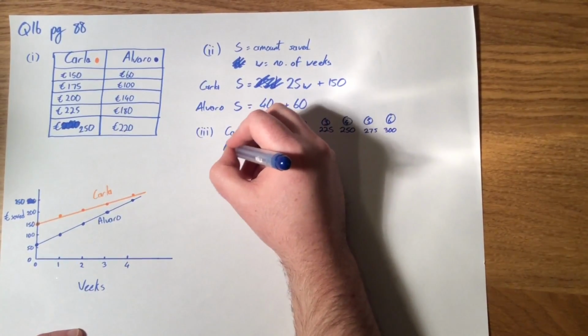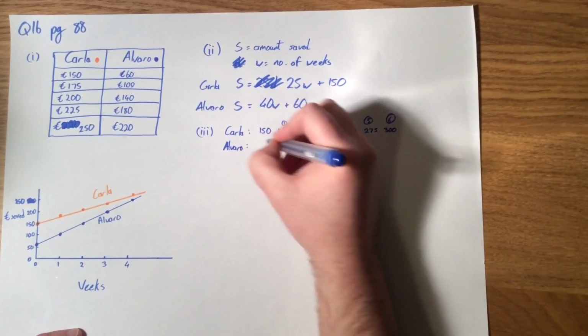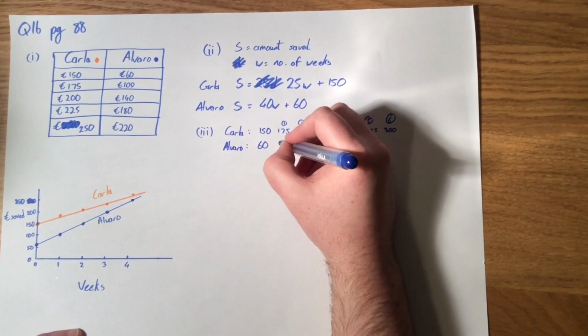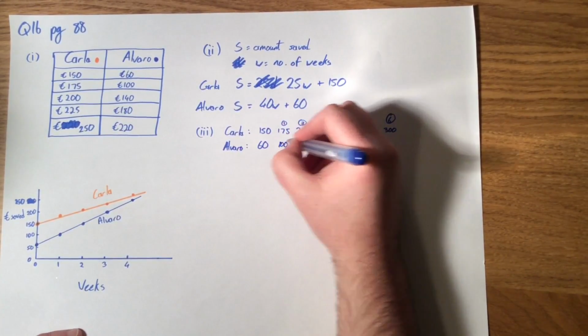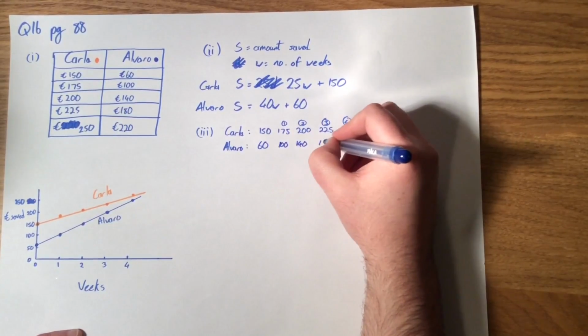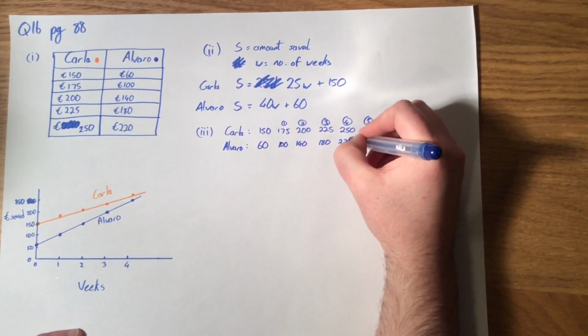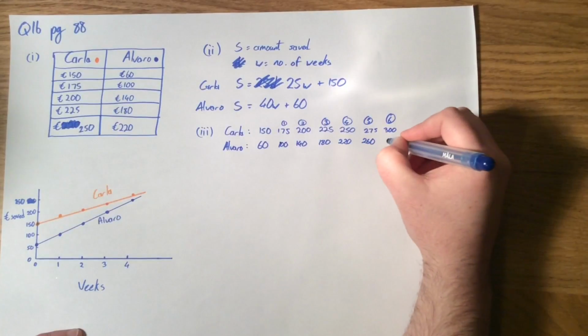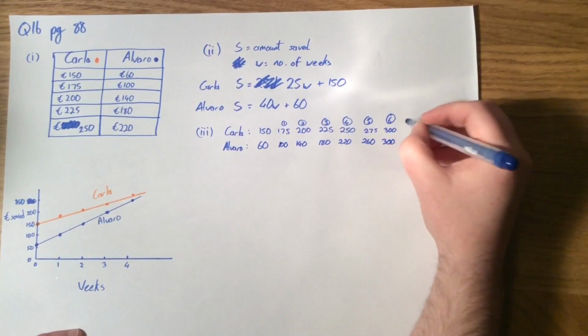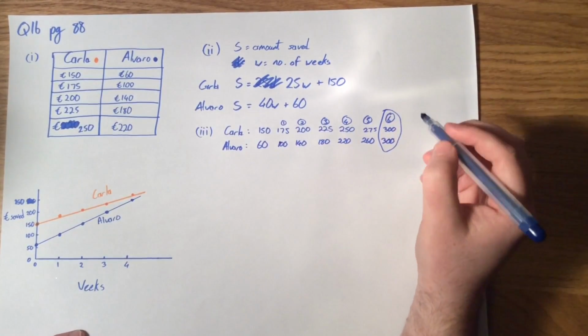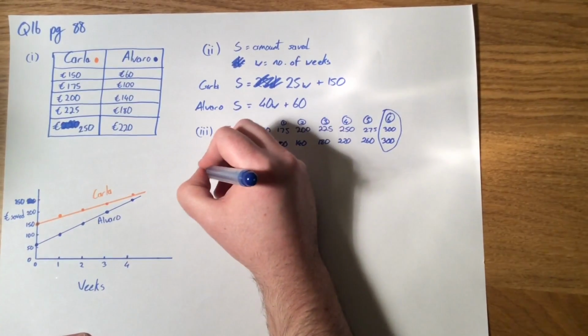Let's see what happens for Alvaro. So he starts with 60. After week 1 he has 100, then he has 140, then 180, 220, 260, and then 300. So week 6 is when Carla and Alvaro will have the same amount of money.